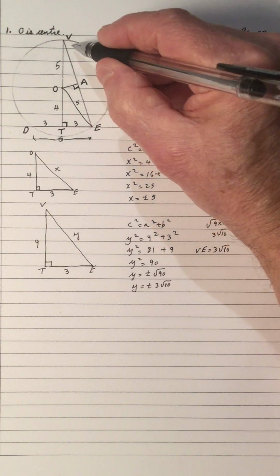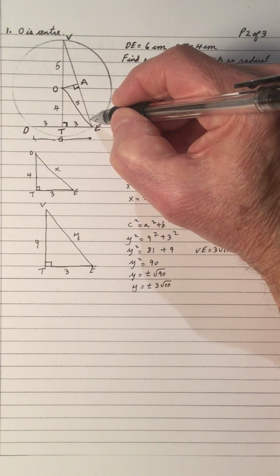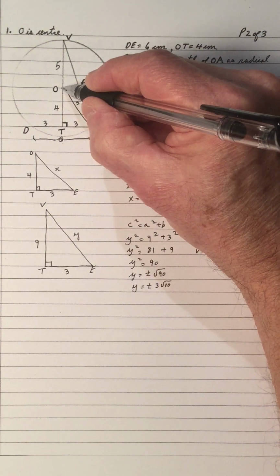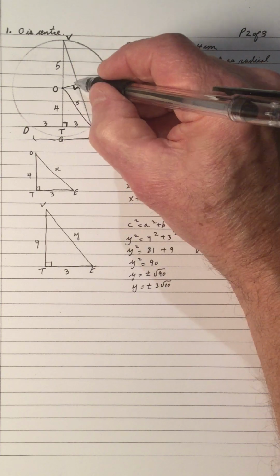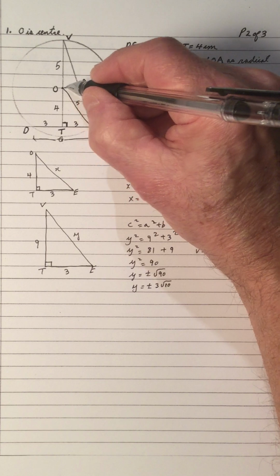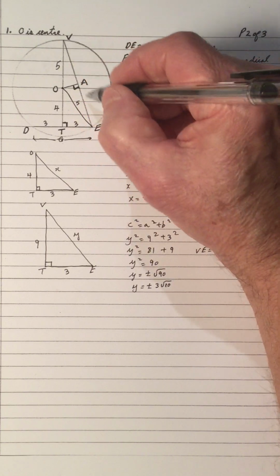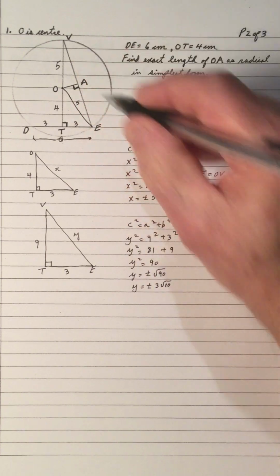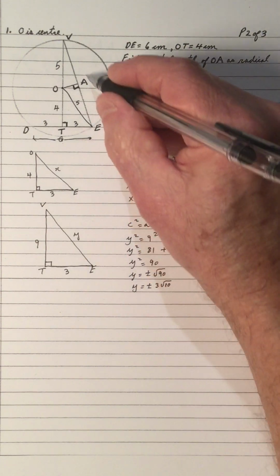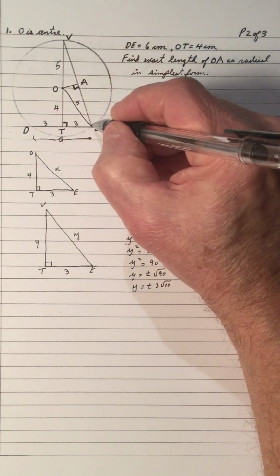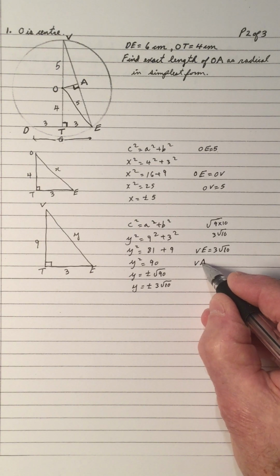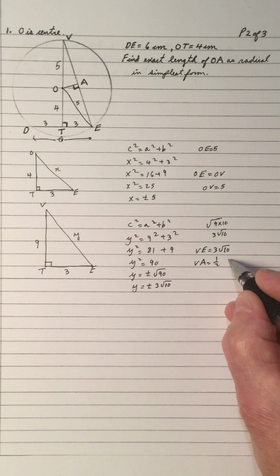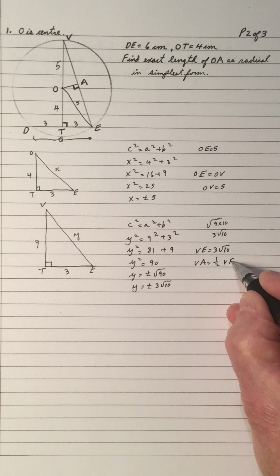Okay, let's continue. So that means we have VE is 3 root 10. But this is the center, and this is going perpendicular to VE. So that means OA bisects VE. So that means that VA and EA are equal. So VA is a half of VE.